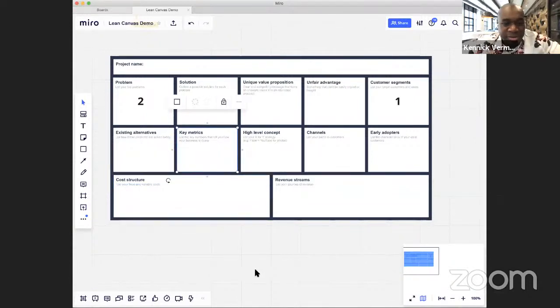All right, so now you have your problem, you have solutions to your problems, and now you want to spend some time determining what your unique value proposition is. Your product or service's unique value proposition is specifically how your product addresses the problems and how it is different from the current solutions that are out in the market.